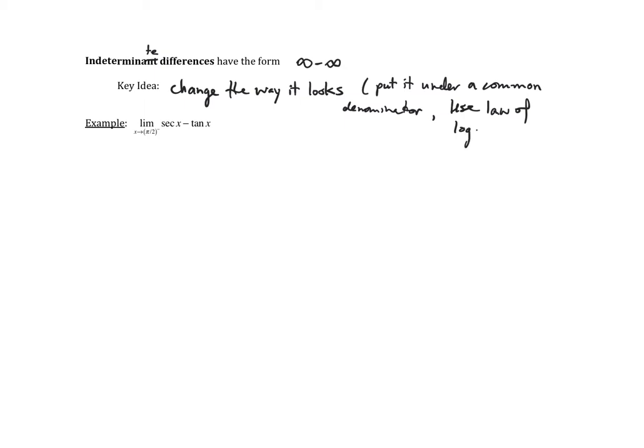But both of these really involve changing the way it looks so that you want to put it into either 0 over 0 or infinity over infinity, and then we want to use L'Hopital's rule.